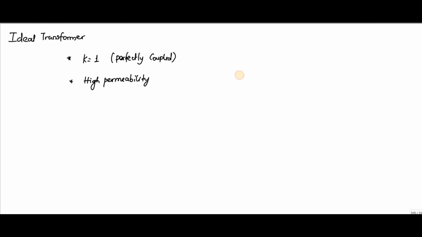Okay. So, let me draw this. This is your primary side, and this one is your secondary side. This is V1, and the current flowing through this one is I1, and this one is I2.